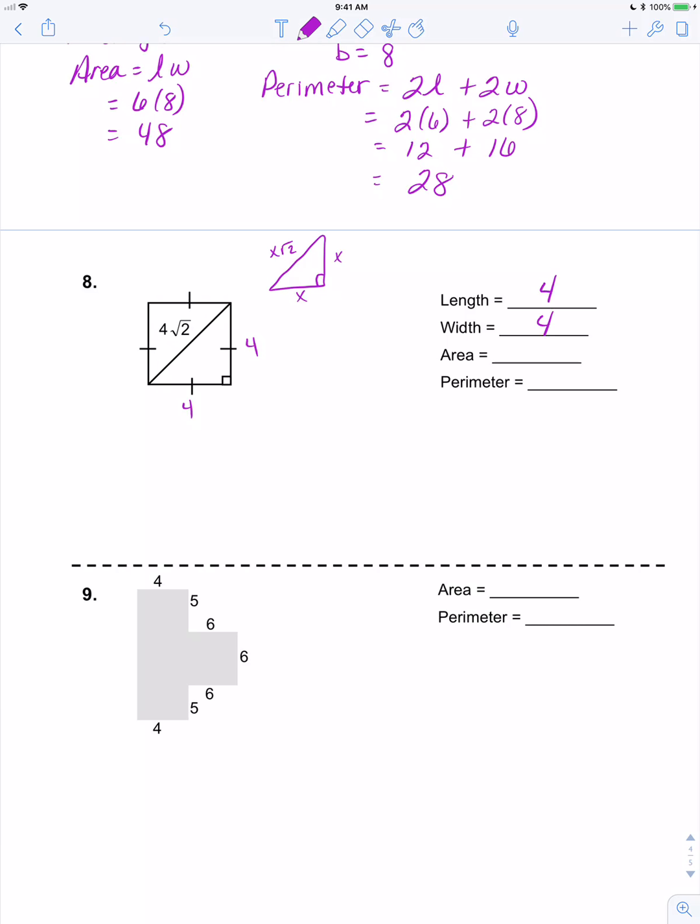The width is also 4. So the area is length times width, which is 4 times 4. So that's 16. Your perimeter is 4 times the side, so 4 times 4, which is also 16.